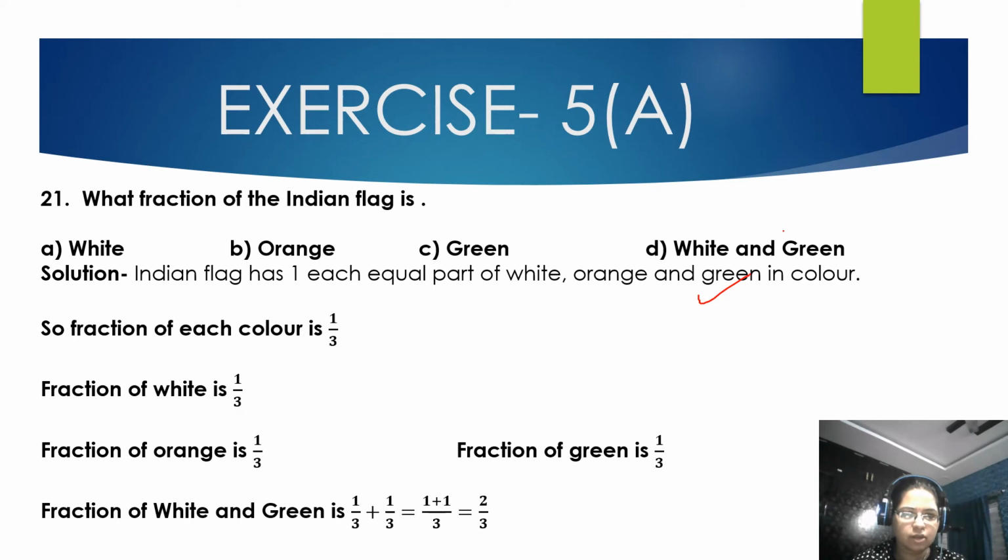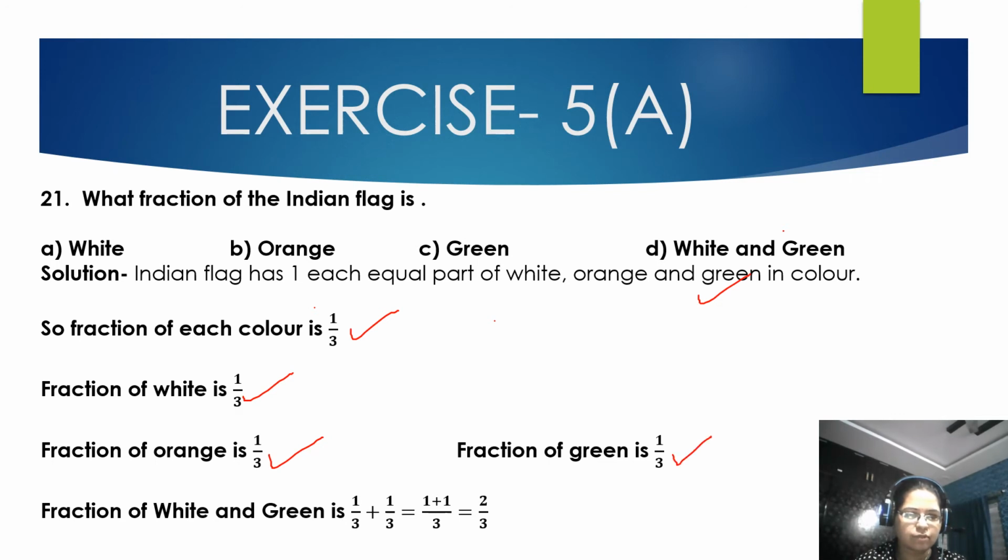One part white, one equal part orange and one equal part green. Total colors are 3, so the fraction of each color will be 1 divided by 3. Fraction of white is 1 divided by 3, fraction of orange is 1 divided by 3 and fraction of green is 1 divided by 3.